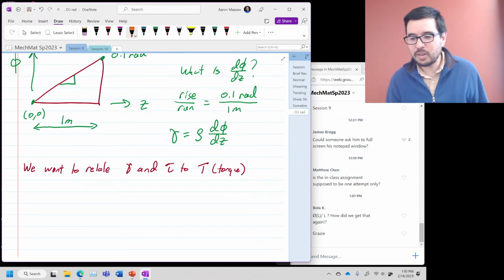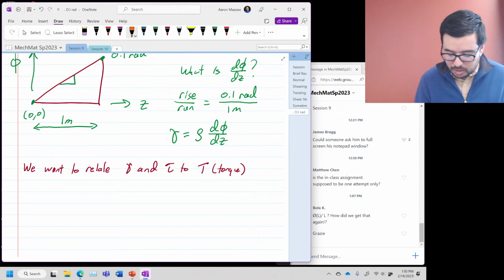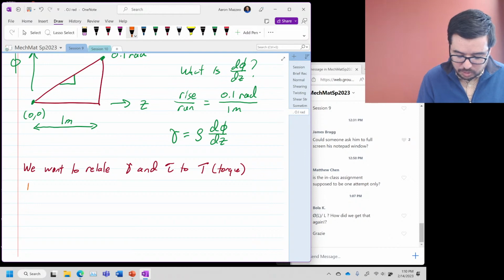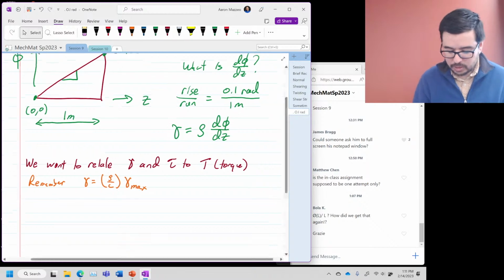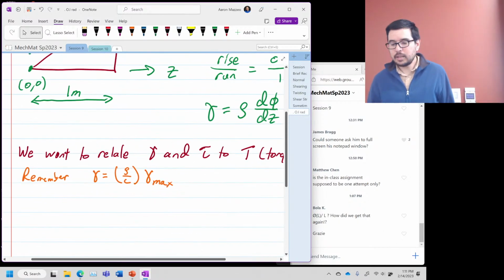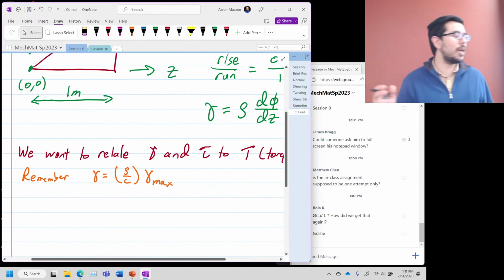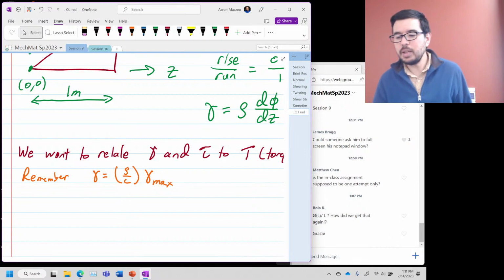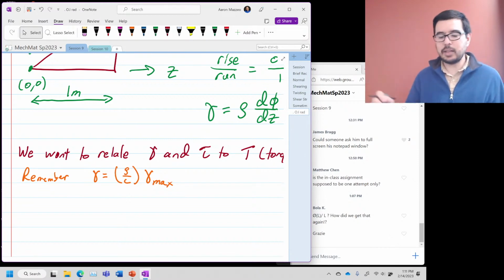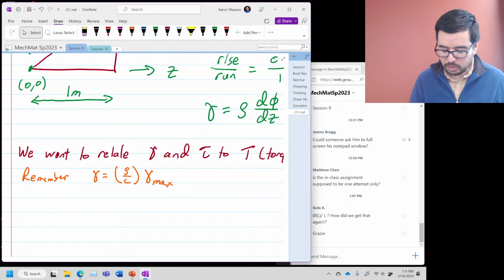So let's start here. Let's remember that we have a relationship between strain and maximum strain. It's saying if you know what the max strain is, and I know where I am, and I know my radius, I can figure out what the strain is at a given location.